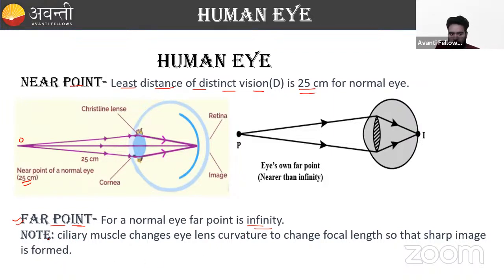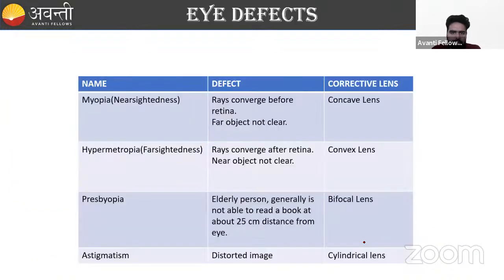We can also note the use of the ciliary muscle: it can change the curvature of our eye lens so that a sharp image is formed.